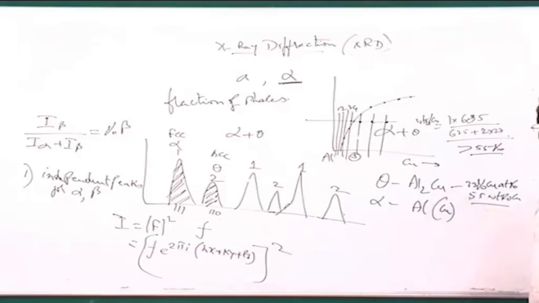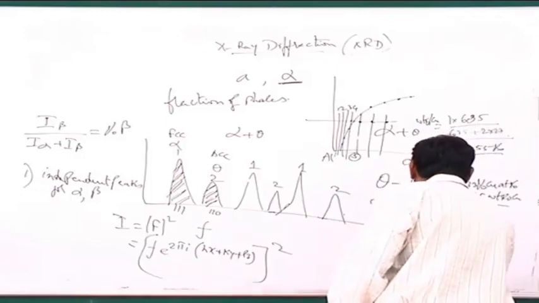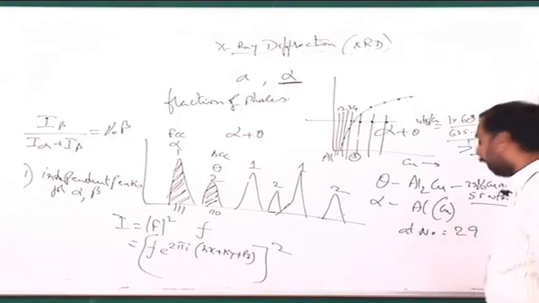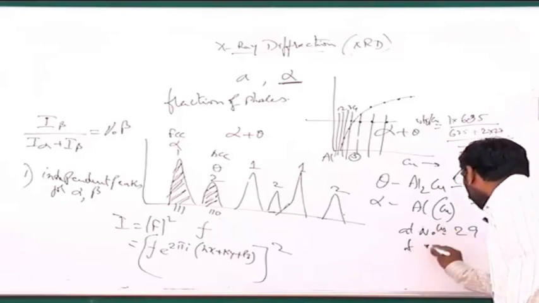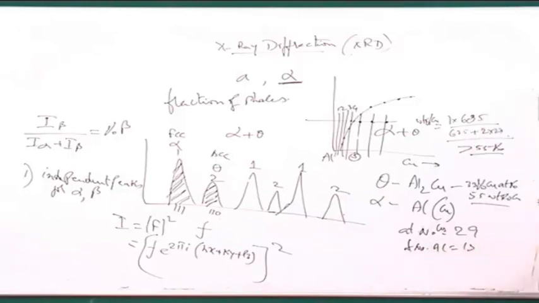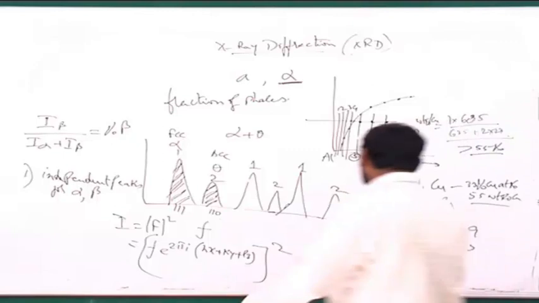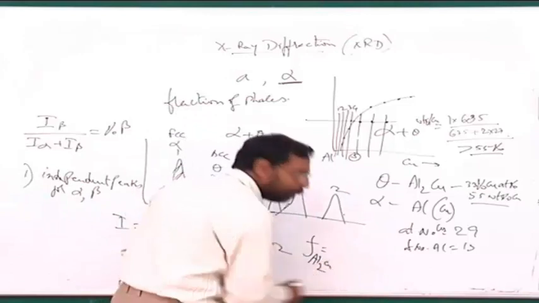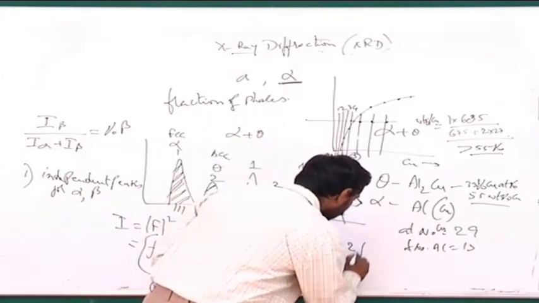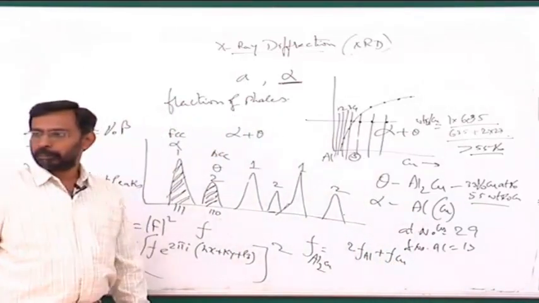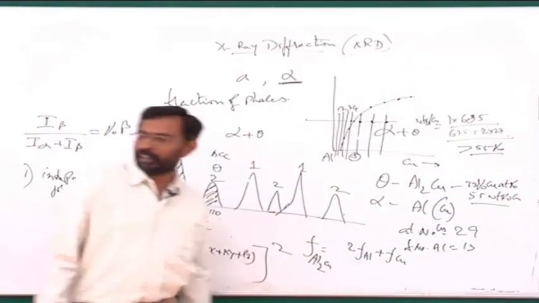Because it is 55 weight percent of copper, and copper having an atomic number, which is how much? Atomic number of copper is 30 or 29? 29. And the atomic number of aluminum is 13. So as a result, if I want to find out the atomic scattering factor, F of Al2Cu will be equivalent to 2 into F of aluminum plus F of copper, because 2 atoms of aluminum and 1 atom of copper are there.